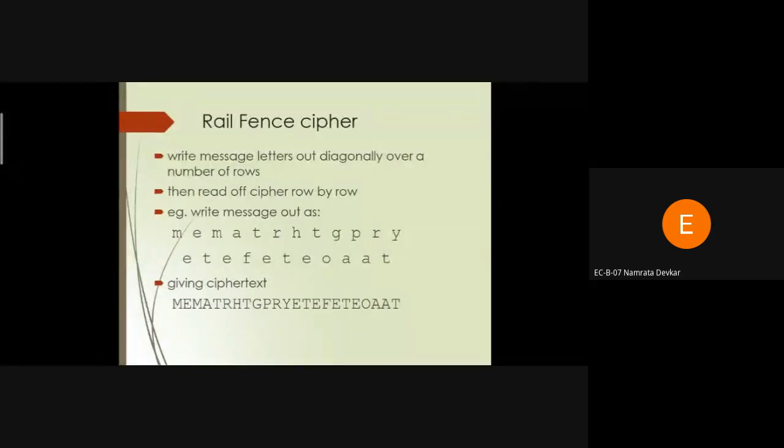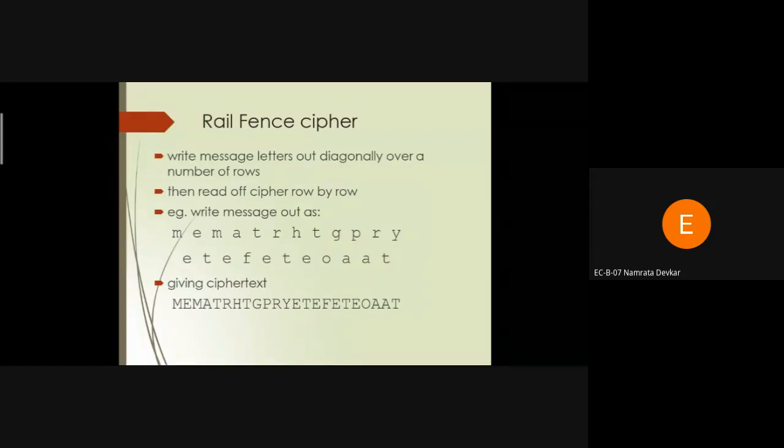Okay, so everyone now listen carefully. Our plain text is meet me after the toga party, but we can use any plain text. Based on the plain text, if the key is 2, then we have to divide this plain text into two parts.